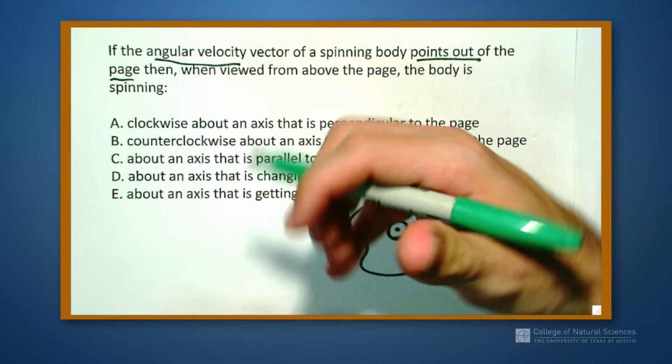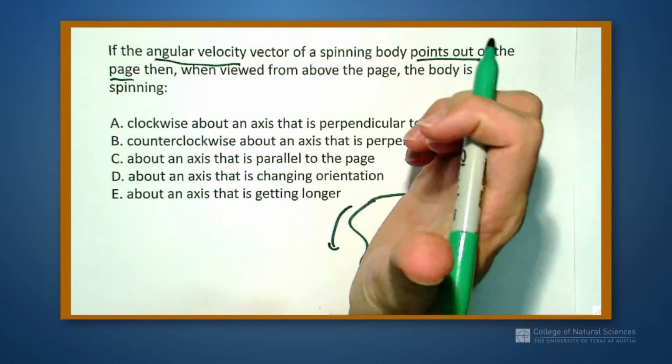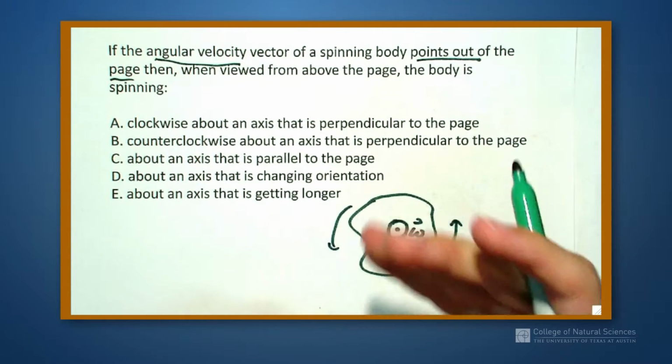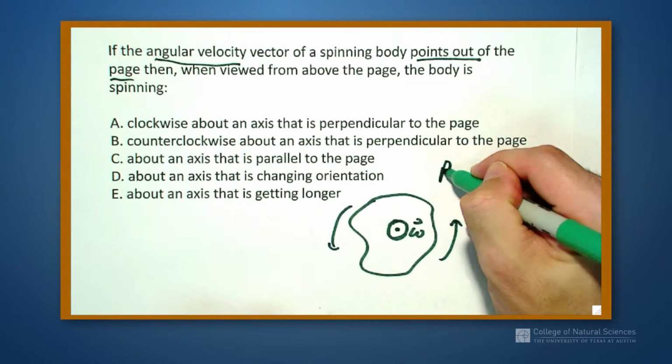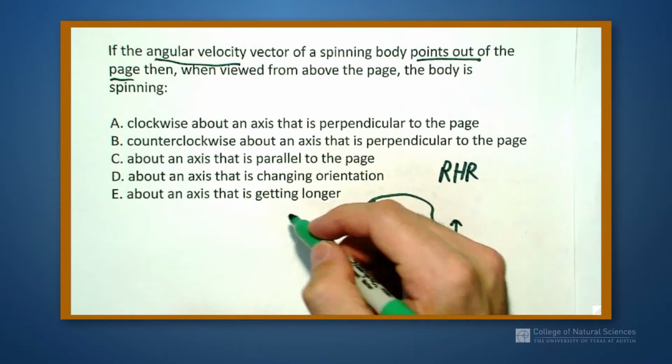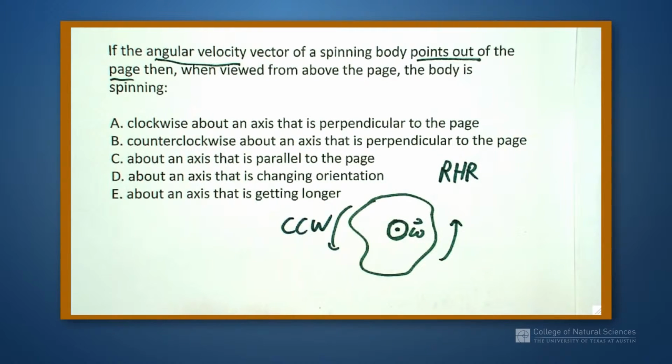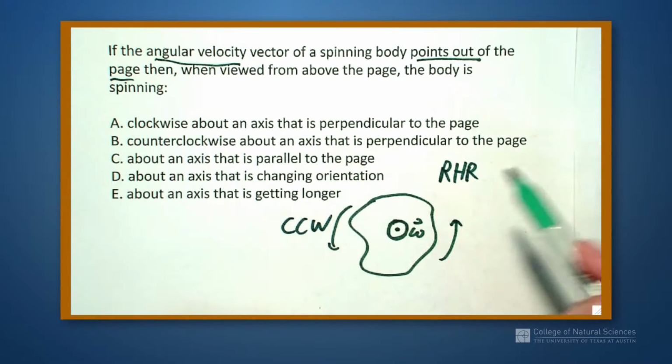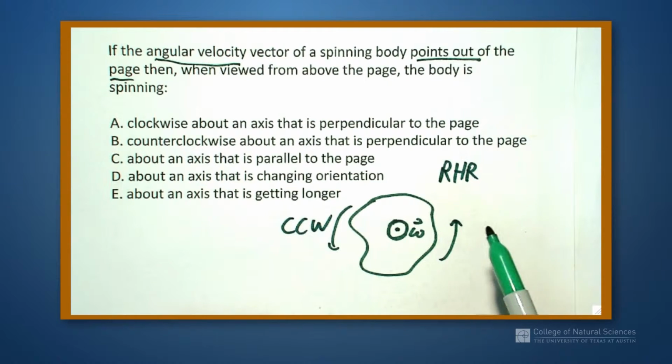As I rotate my fingers around my thumb, using the right hand rule, my fingers are going to point in a counterclockwise motion.